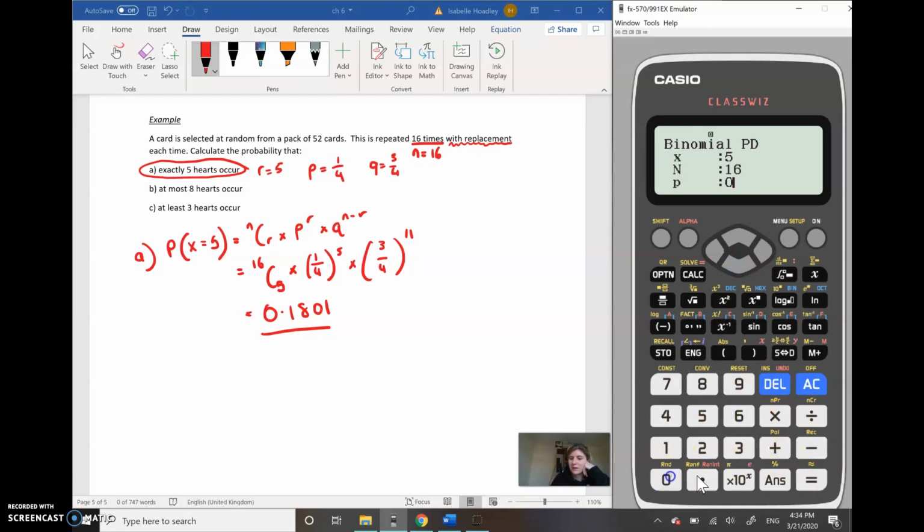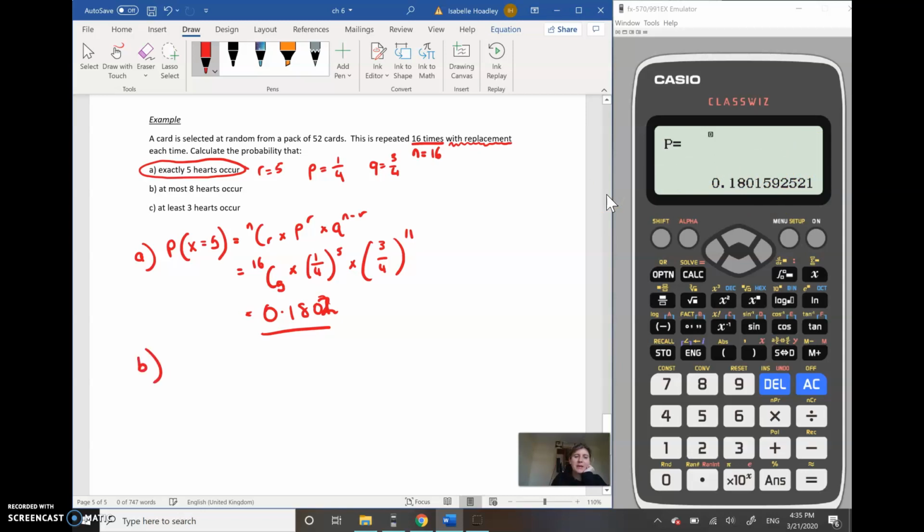And P, you can put in a quarter or 0.25, I'm going to put in. If we press enter again, then you can see it comes up P 0.1802. Oh, that should actually have been a 2. Sorry, change that to a 2. All right, bad rounding on my part. Apologies. Okay, cool. So that's how you would do it on the calculator, so you don't have to go through and do all of that.